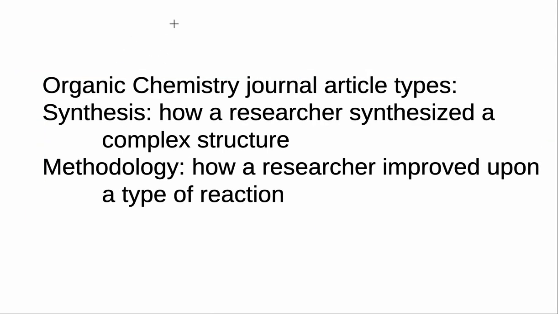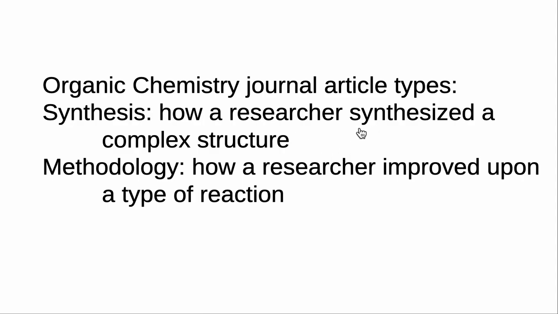And I wanted to provide a sample of an article from an organic chemistry journal. And before I do that, I just wanted to mention that there's two main types of articles that you can find if you look for scholarly articles for organic chemistry. Some of them are a synthesis, how a researcher synthesized a complex structure.